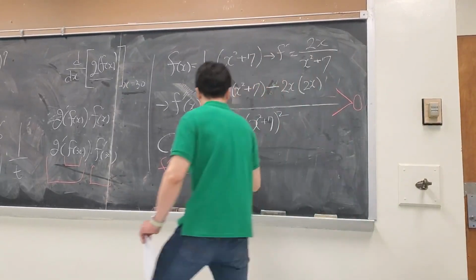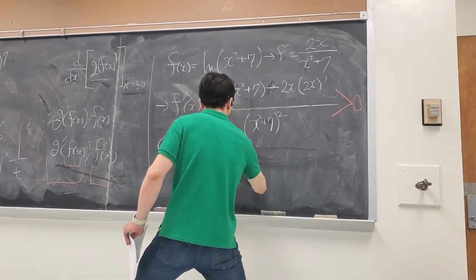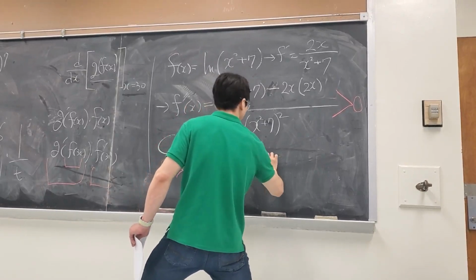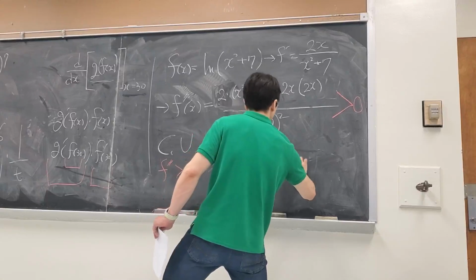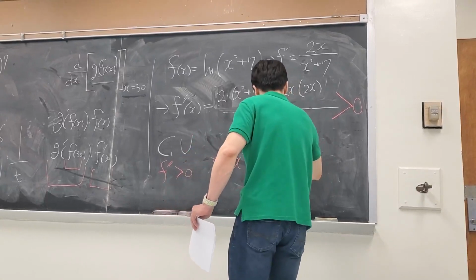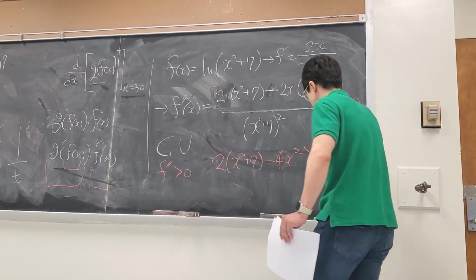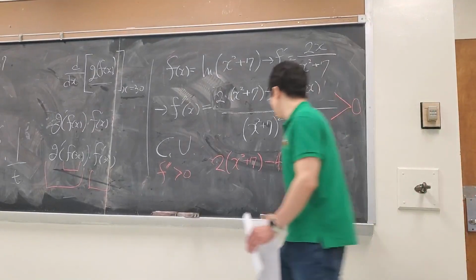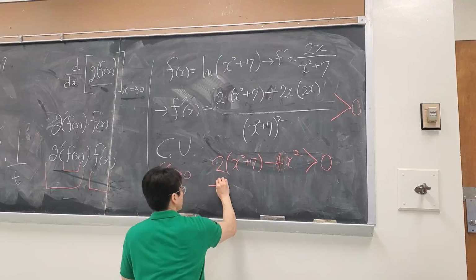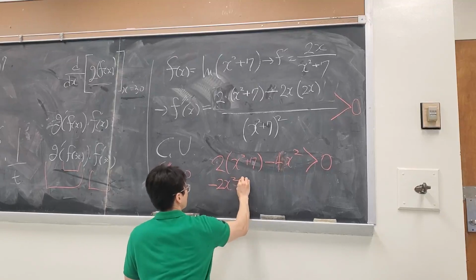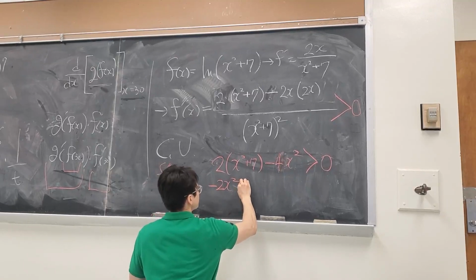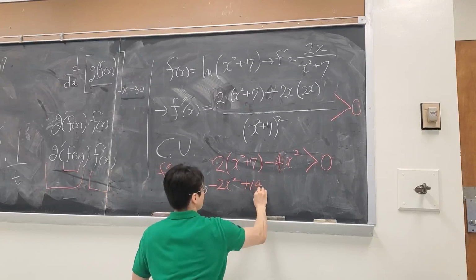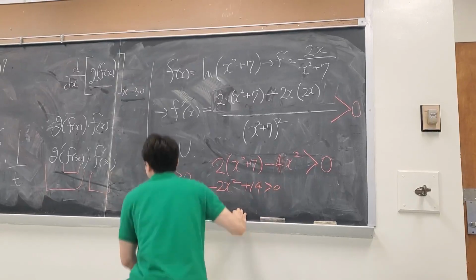Okay, so 2x squared plus 7 minus 2x squared and 4x squared greater than 0. So the third one, continue. 2x squared plus 14 is greater than 0.